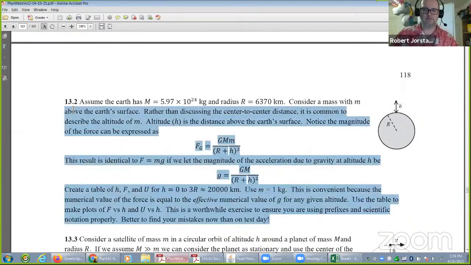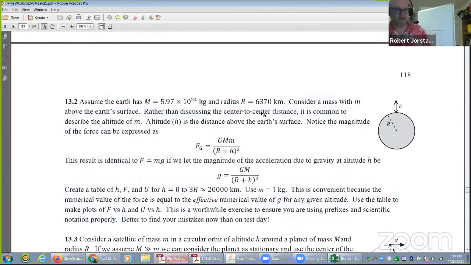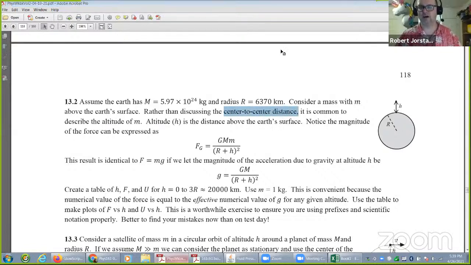Okay. Look at this one. This is starting to show us some practical aspects of these. A lot of times people do not tell you the center to center distance. It's actually somewhat uncommon on the Earth. Usually we talk about your altitude. So here's a common thing.